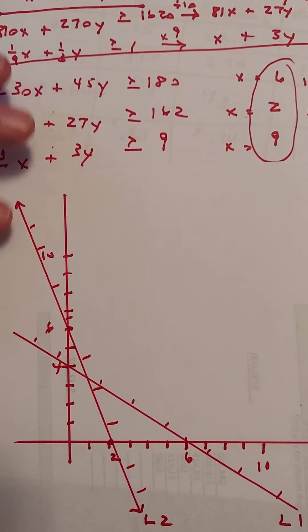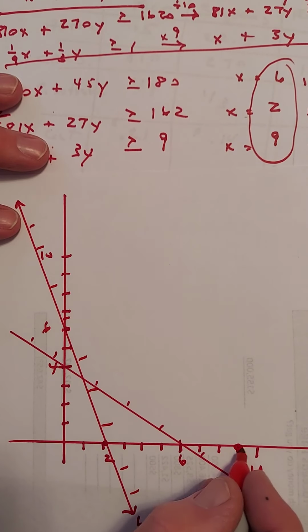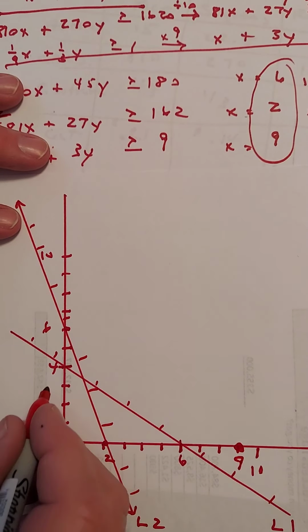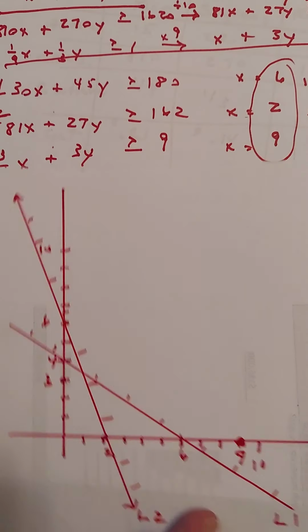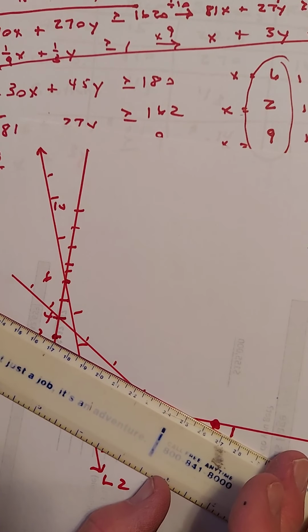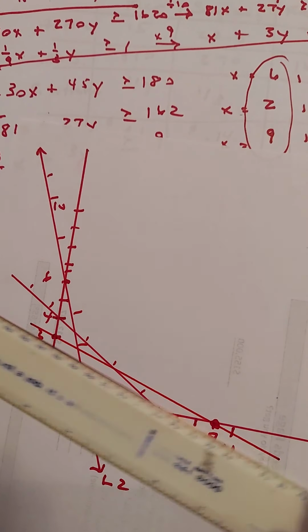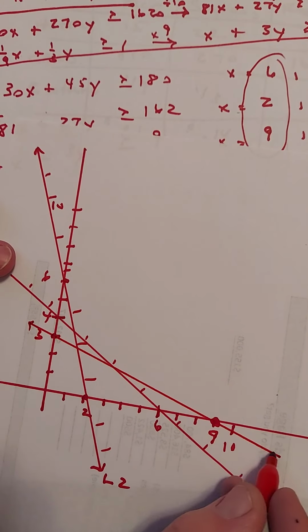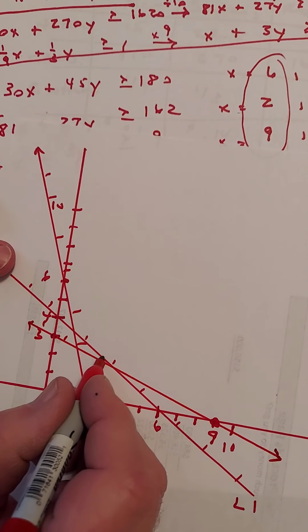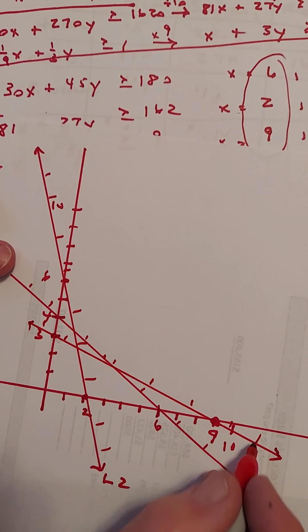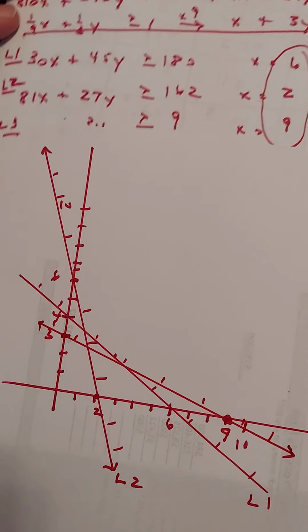Okay, and then L3 hit at X equals 9, which is way over here, and Y is 3, which is right there. And again, your tick marks are up here.